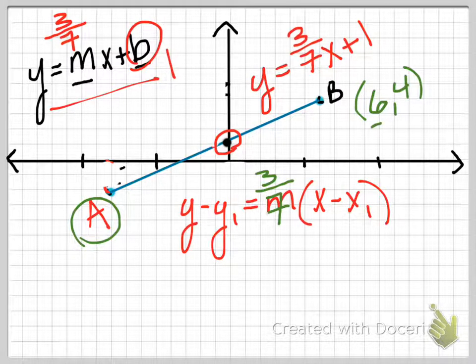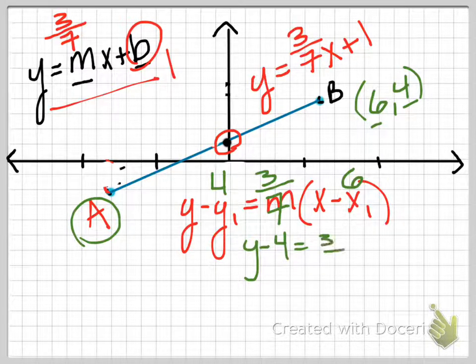6 goes into the x1 position right there. 4 goes into the y1 position. Then we just have to copy it so it looks pretty. Y minus 4 equals 3/7 times x minus 6. We will do a little bit of distribution.